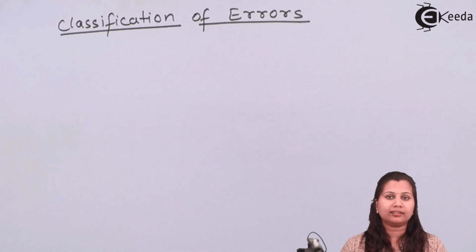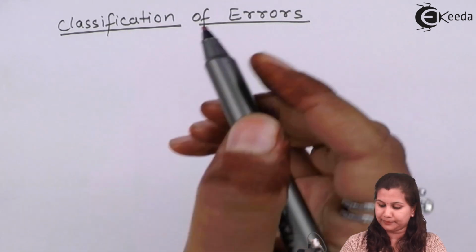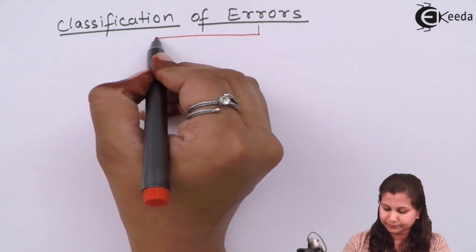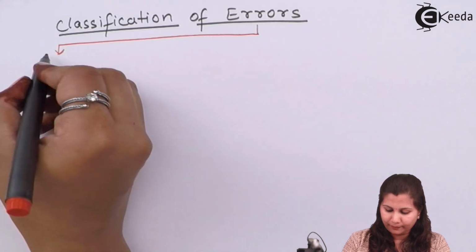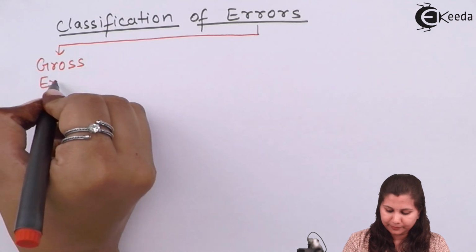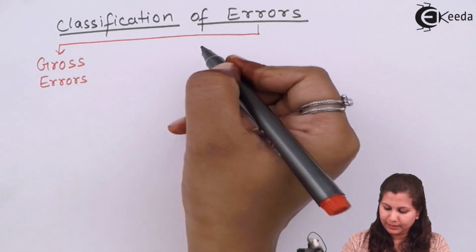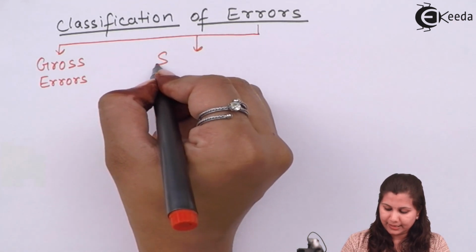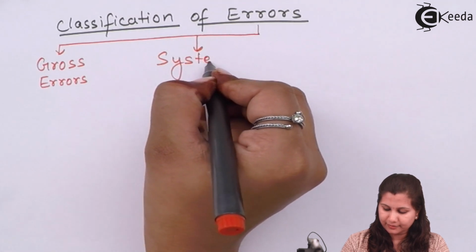So if we see the classification, the errors are broadly classified into three categories. First is the gross errors. Second is systematic errors.